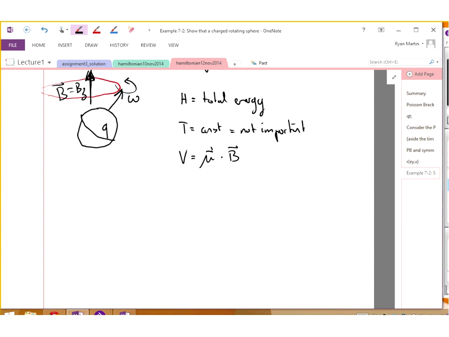All right, and mu, on the other hand, is going to be proportional to the angular momentum. Right, the magnetic moment of the thing is going to be in the direction of the angular momentum, so in the direction of the axis of the spinning top, and it's going to be proportional in principle to how fast it's going.